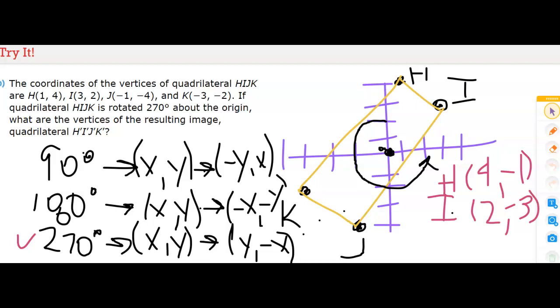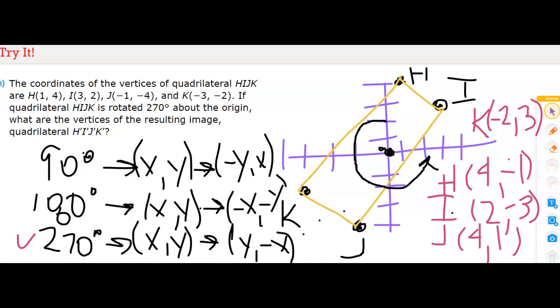My new J would be (-4, 1). And K would be (-2, 3).